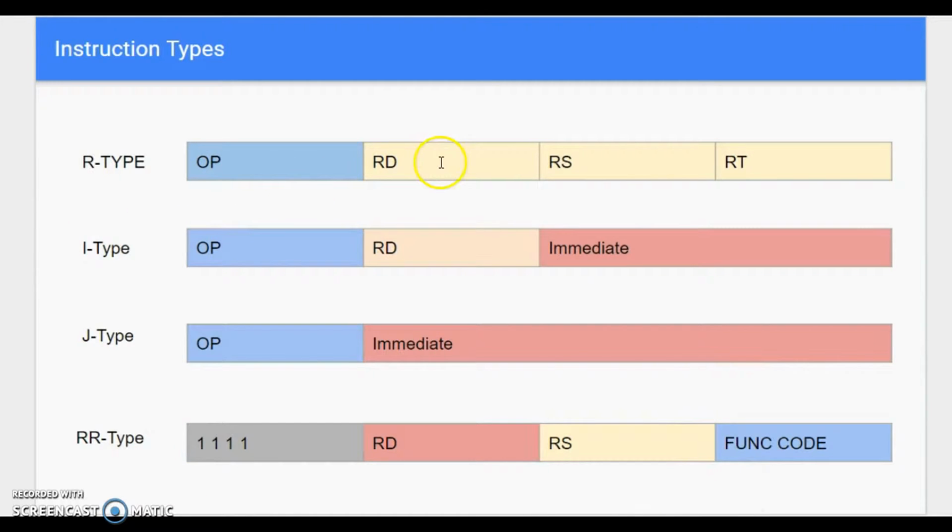So for your R type, you do stuff with RS and RT and get back RD, and there's an opcode for that. Same with the I type and the J type, but for the RR type, the opcode is always 1111, and the function code distinguishes what's being done.